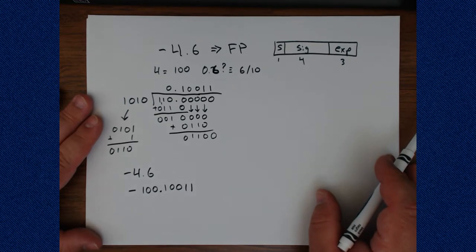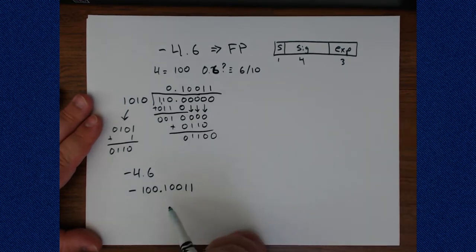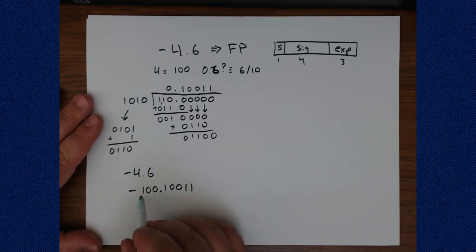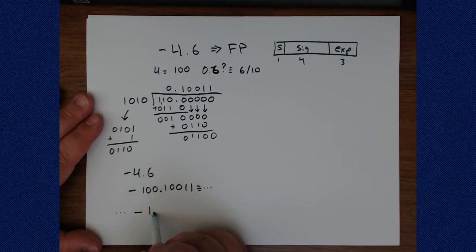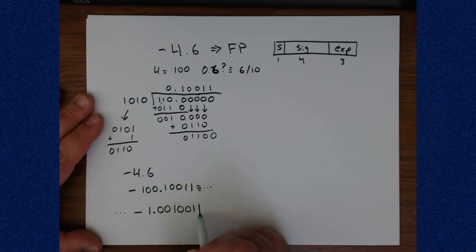So we now need to take this value and reinterpret it as some form of scientific notation. So we get 1 bit in the significant position of our significand, and this is really the same then as negative 1.0010011, but with some kind of an exponent.